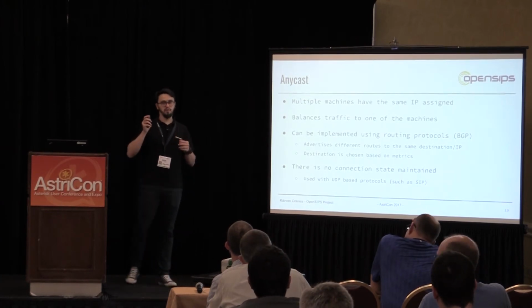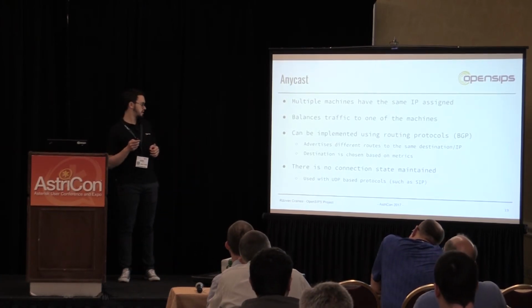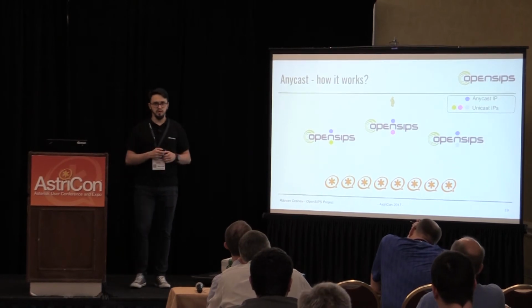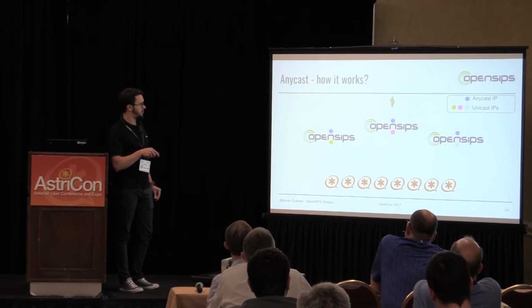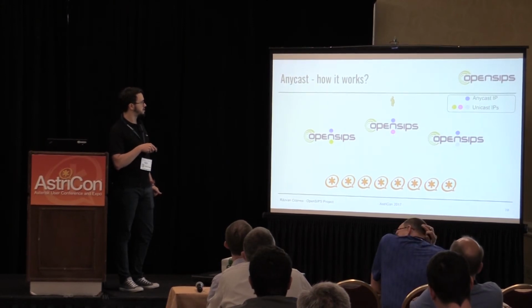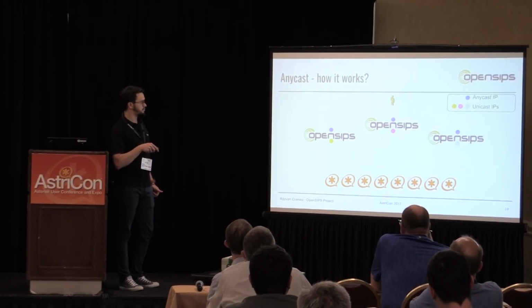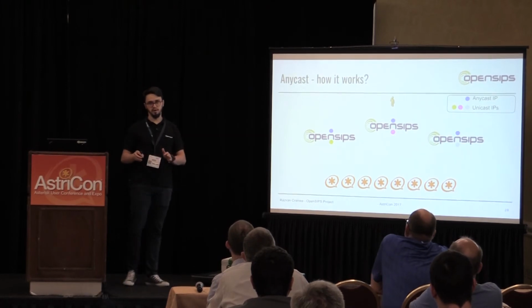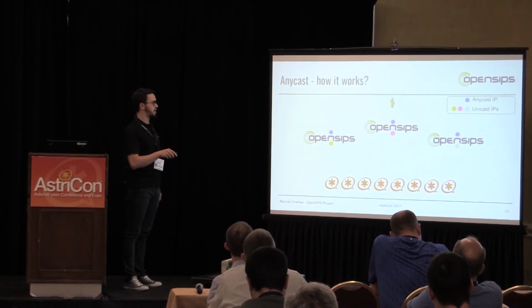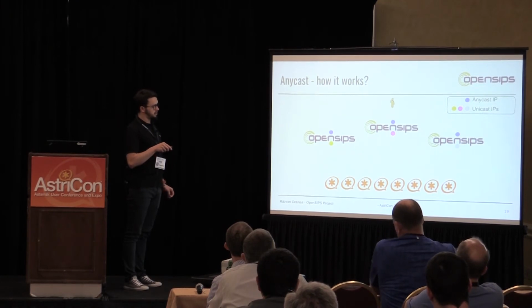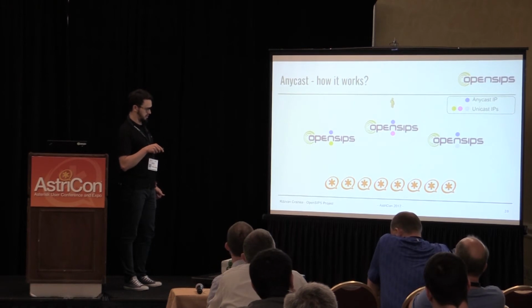So imagine you have 3 instances. All of them have here, towards your customers, a single Anycast IP, right? So all of them have the same IP assigned on their machines. There's a router here that advertises routes to all 3 machines.